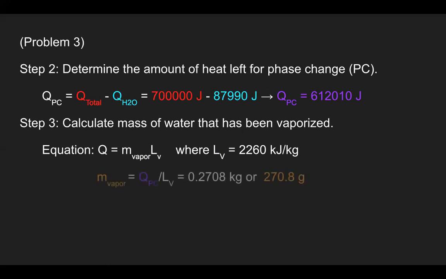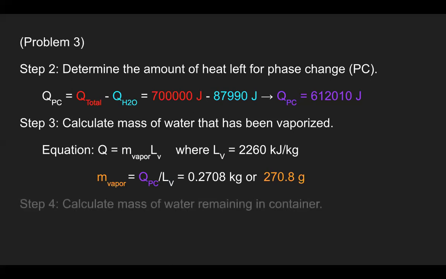So we simply have to determine the mass of the vaporized water. That is just taking the leftover heat from the phase change and dividing it by the latent heat of vaporization. Once we do that, we calculate it to be about 271 grams of water that has been converted into vapor.